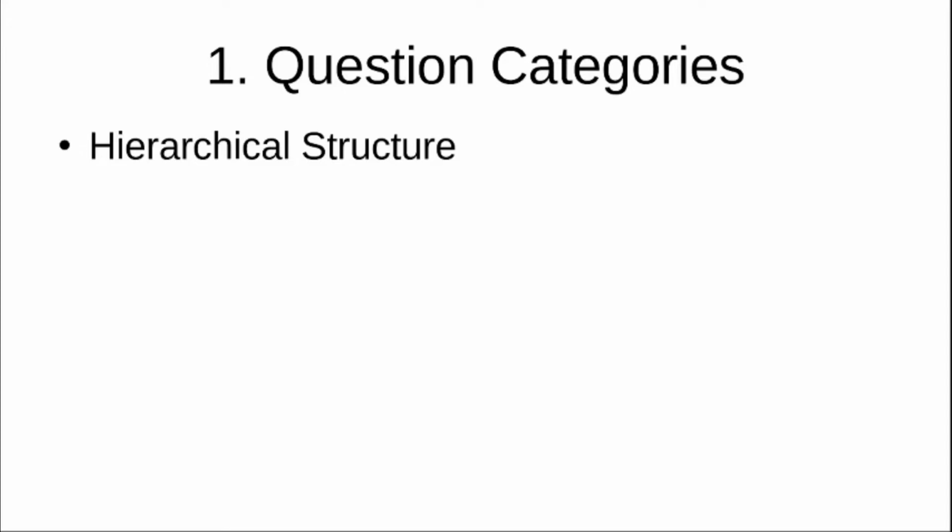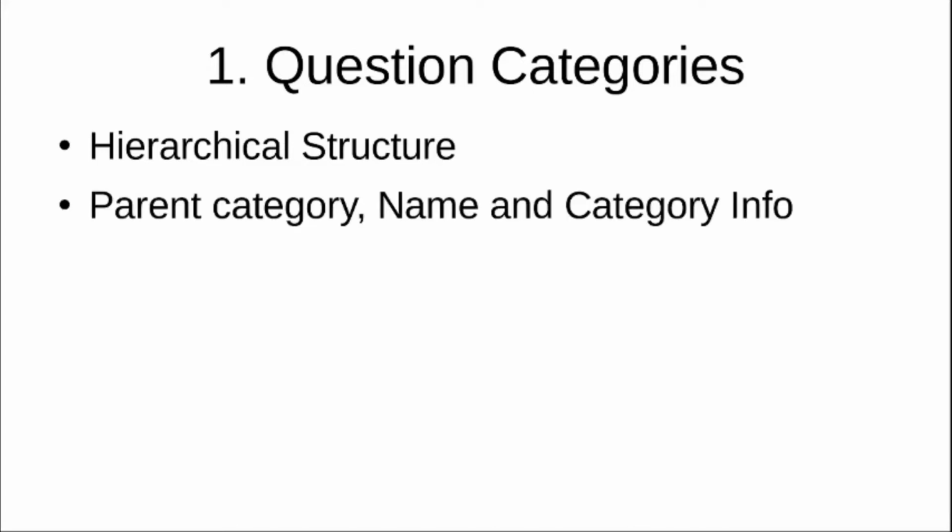So it's like a tree structure, and so whenever we want to organize our questions, we need to pay attention to the parent category, and we should give a name that is self-explanatory, so that after some time when we look at the category we understand what it means, and perhaps also a brief description of what kind of questions are kept in that category, so that if we happen to pass on those questions to someone else, then they can understand what the category would contain without having to look at the questions themselves.